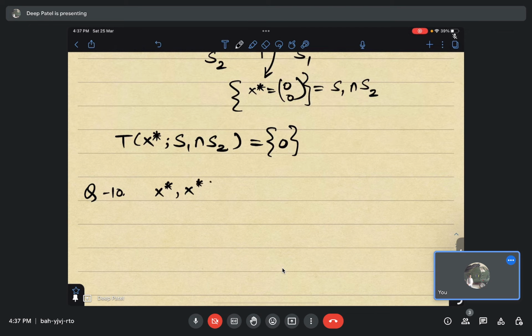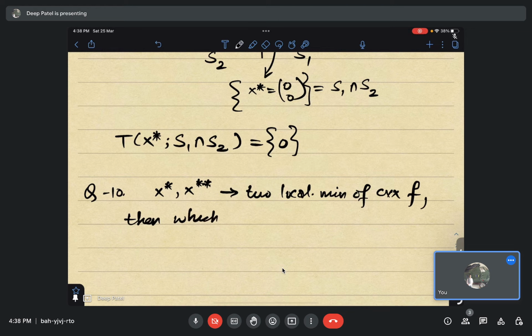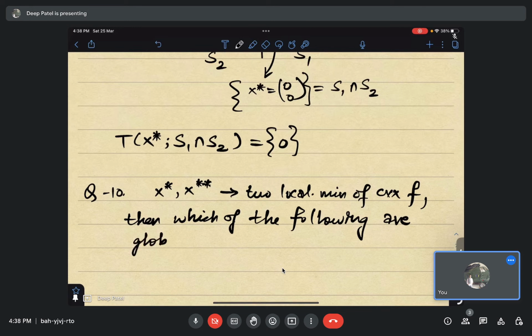The next question: x star and x star star are local minima of a convex function f. Which of the following are global minima for this function?